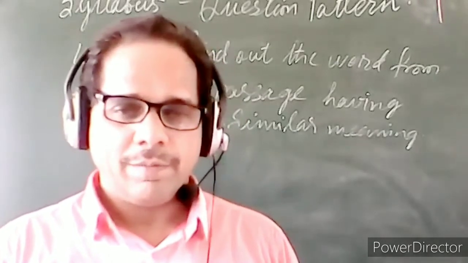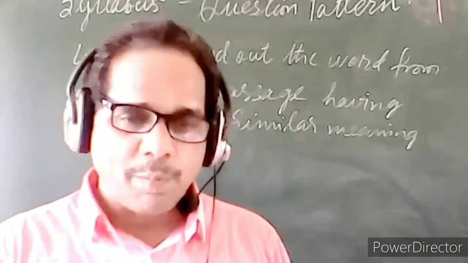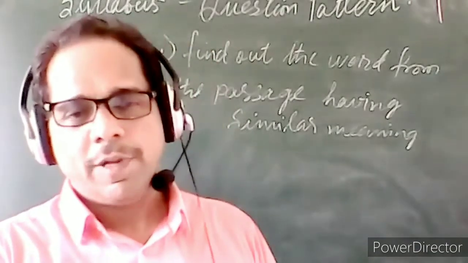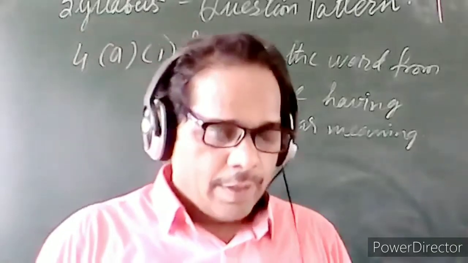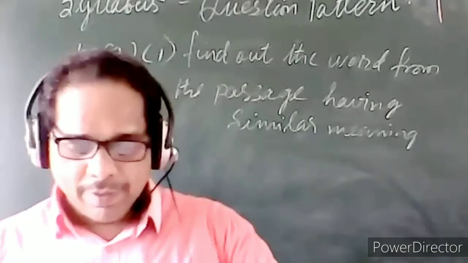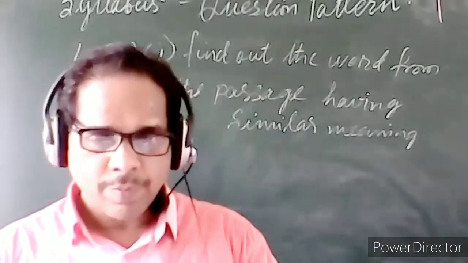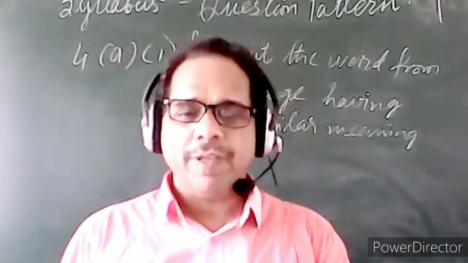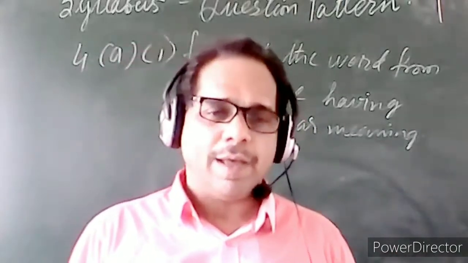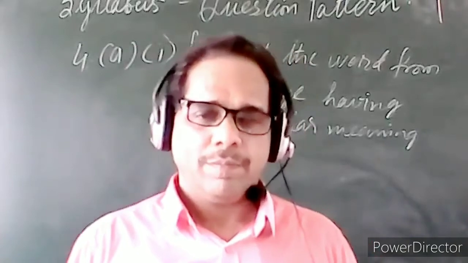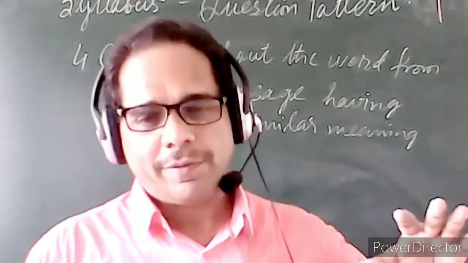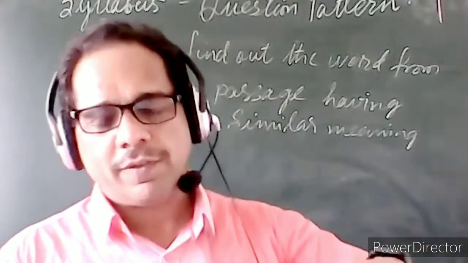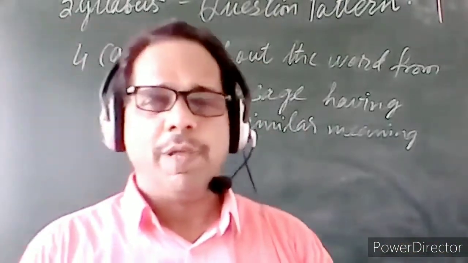Similar means somewhat equal. It need not be exact. So last year, what was the question? You were given a few words. You had to write the meaning as given in the passage. Find out the meaning of the words given below as used in the passage. Depending on the context where it is used, you have to give the meaning.